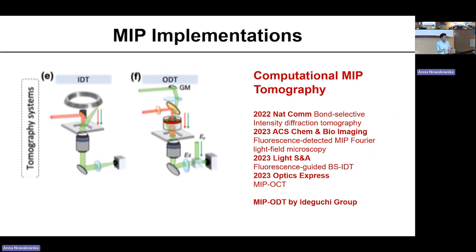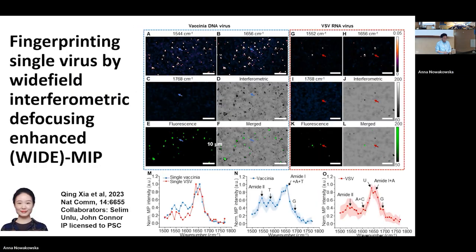I will highlight some features and the potential of this technology. One method is using photothermal modulation of interferometric scattering to reach very high sensitivity. But it's not simply a combination of iSCAT and photothermal.